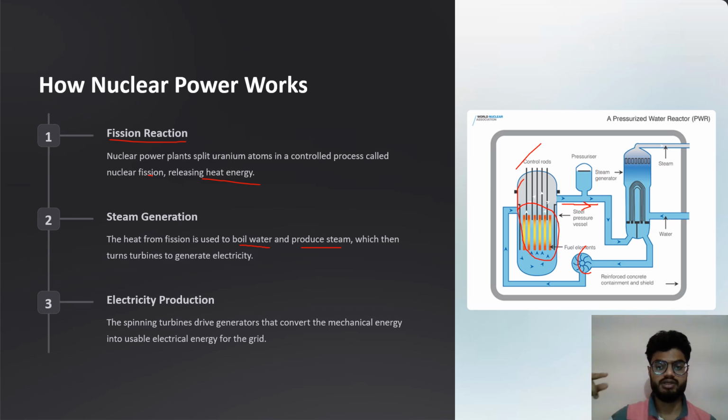The turbine is connected to a shaft, and the shaft is connected to a rotor, with the help of which we generate the electricity. After the spinning of the turbine, the mechanical energy is used to generate electrical energy.